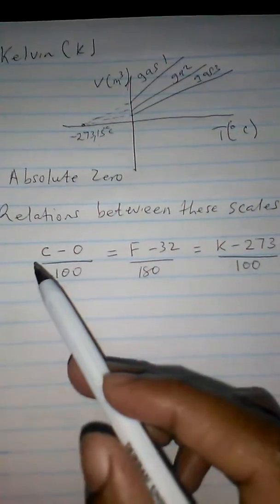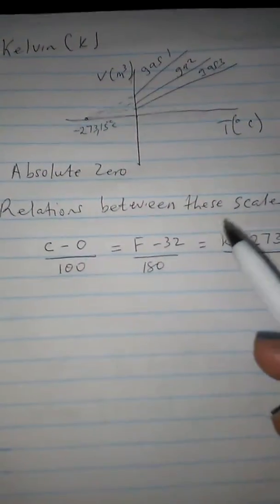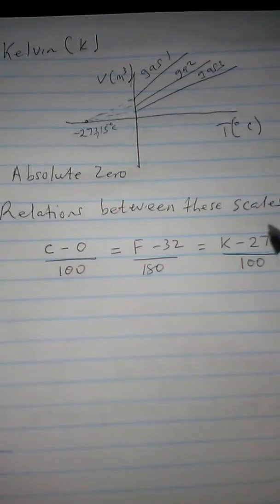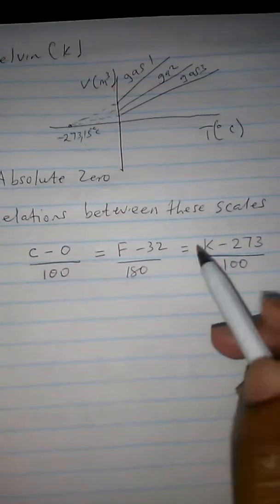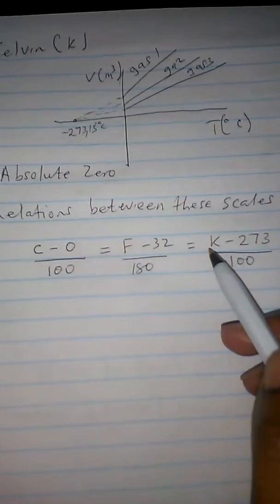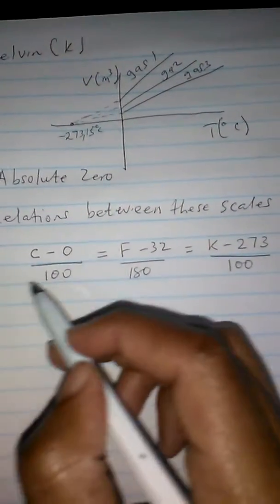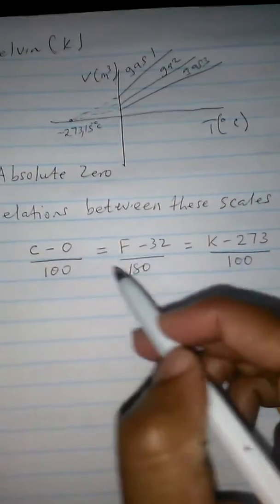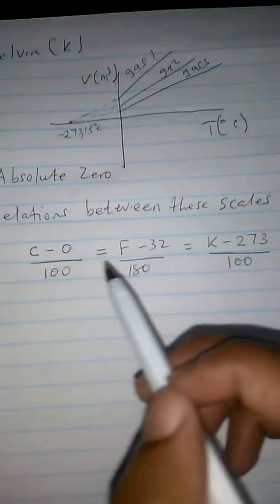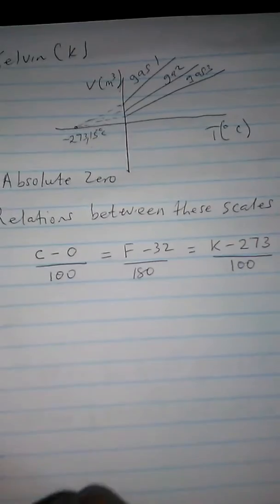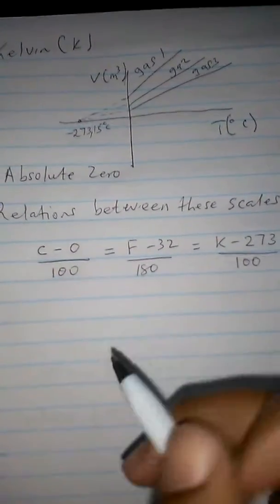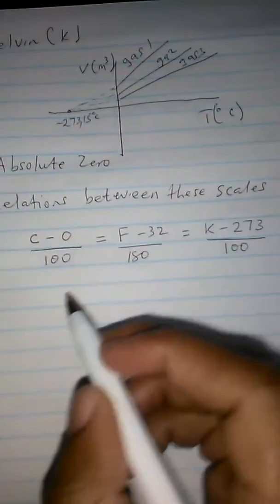And as you are going to learn as you go on, for all your calculations relating to thermodynamics, you have to have your temperatures in kelvins. So getting a temperature in degrees Celsius or Fahrenheit, you can then use this relation to calculate the temperature in a different scale.